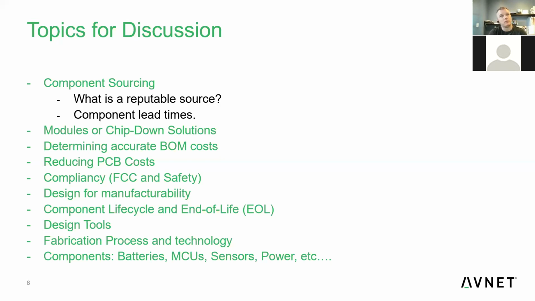But if it's a consumer type component, say, let me pick one, like an ARM core that goes in a phone, so an ARM microprocessor, memory is very susceptible to this, especially flash. Those components tend to have very short life cycles, and when I say short, 3 to 5 years is not uncommon.